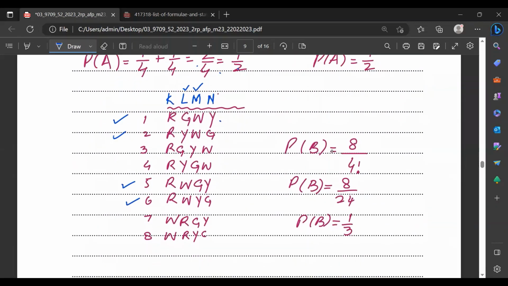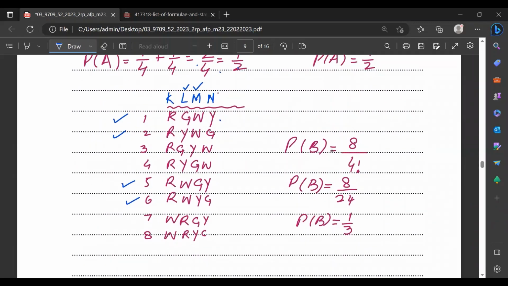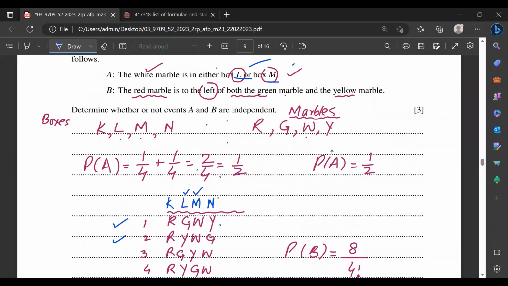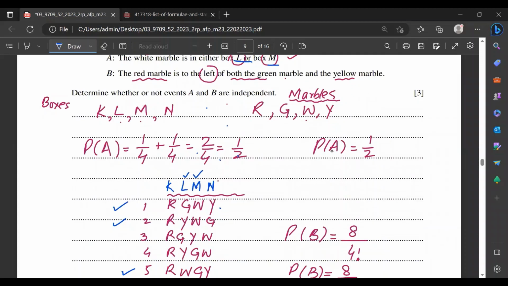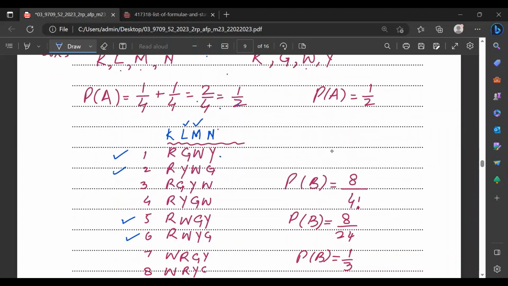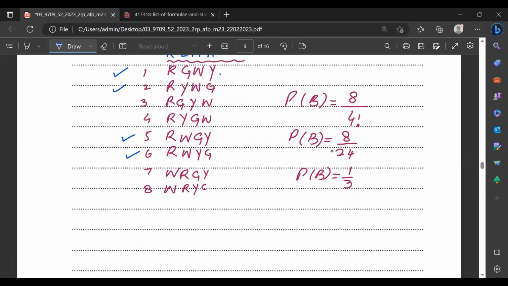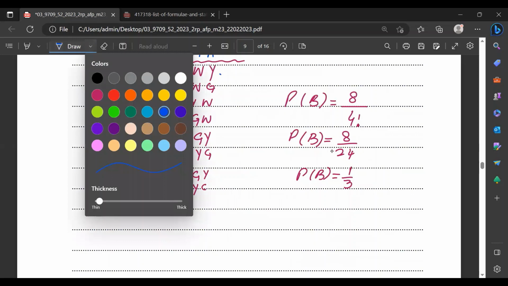So in these 4 cases, you can say that the white marble is either in the L or in the M box, and in these 4 cases, the second is also true, that the red marble is to the left of both green and the yellow. So the probability of the common thing.